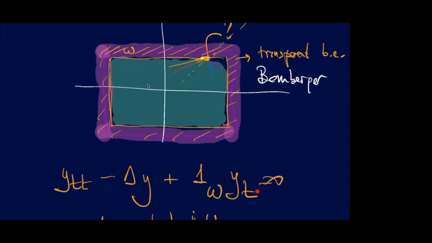While we are inside, waves are propagating freely without any dissipation, because here inside, this is omega minus small omega, this damping term vanishes. So waves propagate completely freely without any damping, without any dissipation.